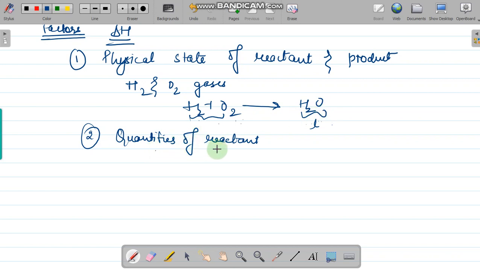Second property is the quantities of the reactant. We say that your enthalpy change depends upon the amount of reactant.